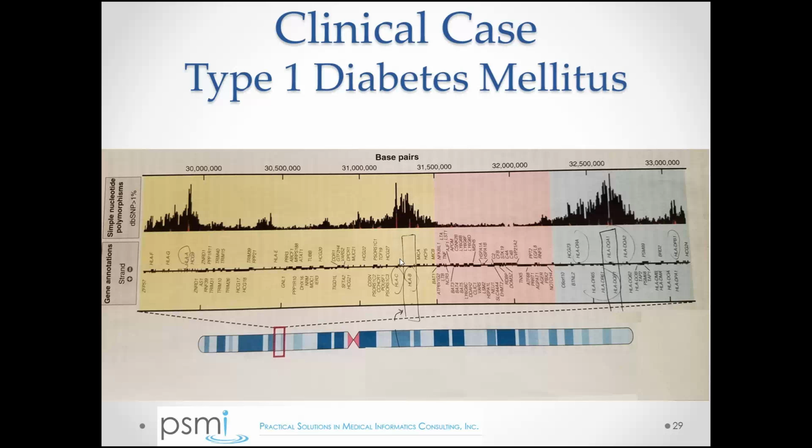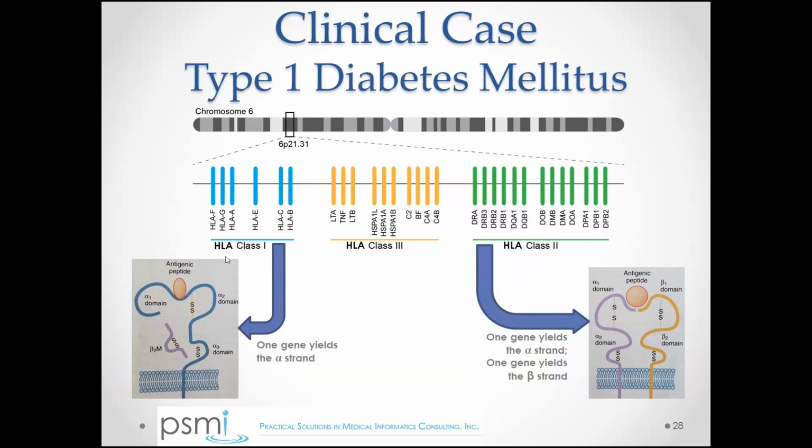In other words, for the HLA class 1 molecule genes and the HLA class 2 genes, there are more alleles known at these particular spots than there are for any other genes in the human genome. And as it turns out, the bulk of that polymorphism is in the antigen binding groove.